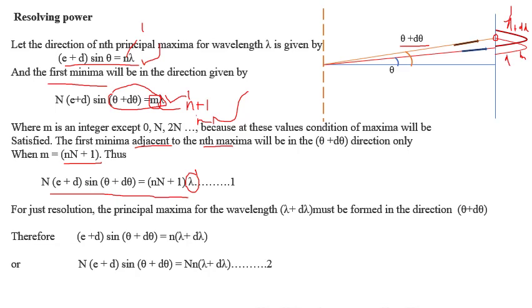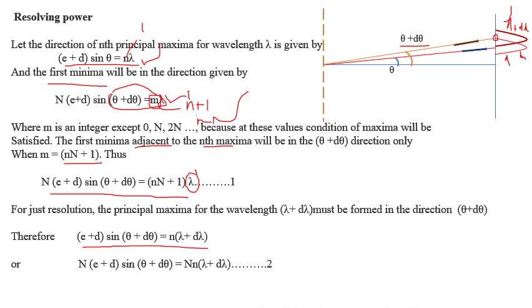So instead of theta, I am writing theta plus d theta. Now n is the same, and we replace lambda by lambda plus d lambda, because this is the maximum of lambda plus d lambda. So this is my new equation, for the condition of maxima for lambda plus d lambda.